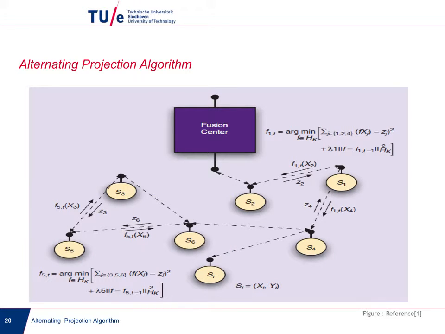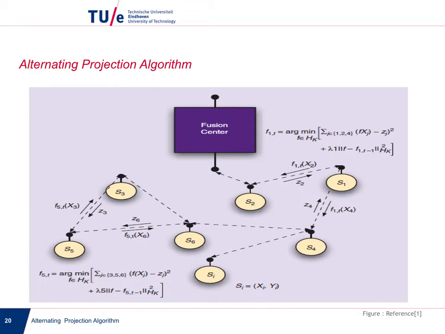Now, the alternating projection approach is a message passing algorithm. It is quite different from the clustered approach because here the data is not collected at a fusion center. It's not collected at one point, and hence the fusion center may or may not even exist.